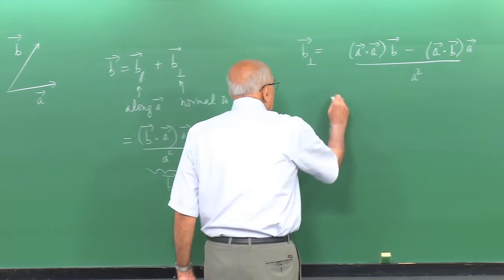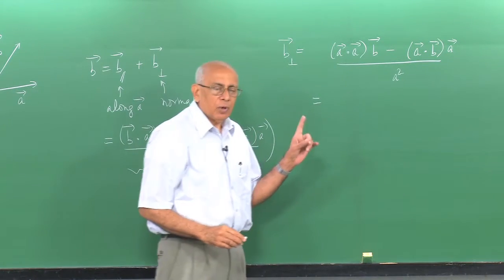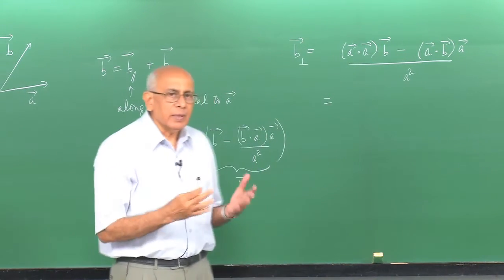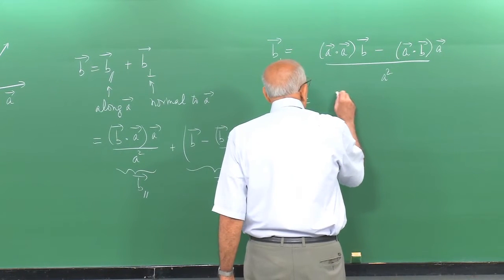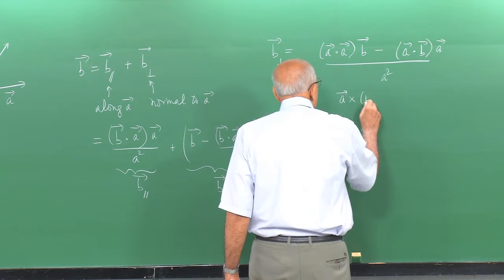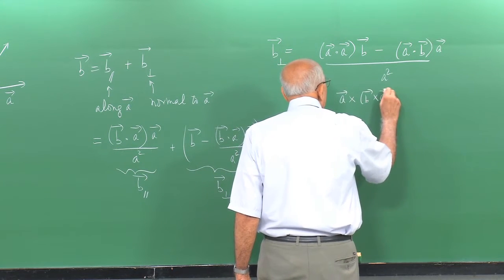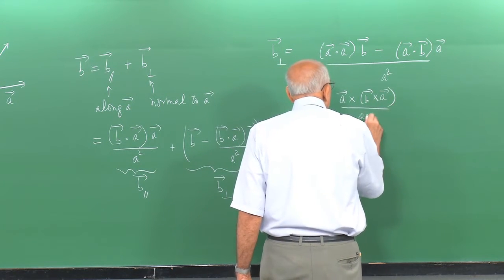And of course you recognize the fact that because we had a formula for the triple cross product which we derived the last time, you could also write this as A cross B cross A divided by A squared.